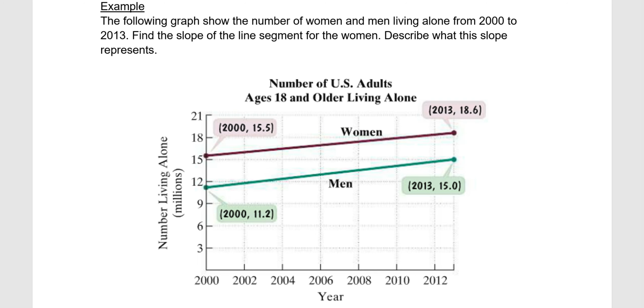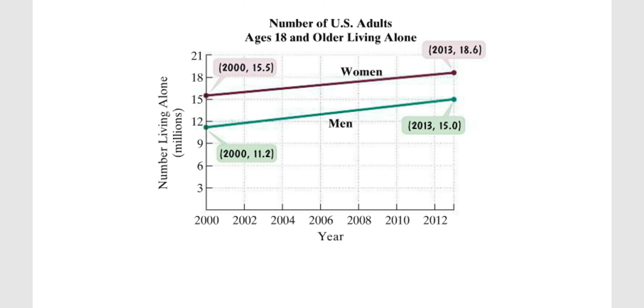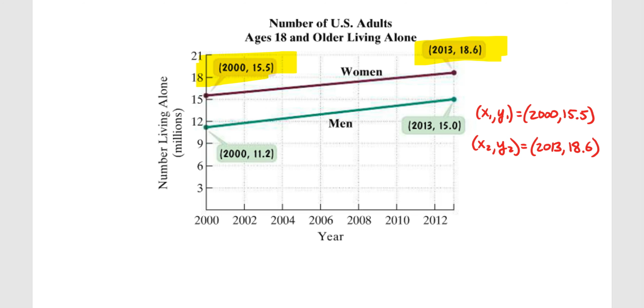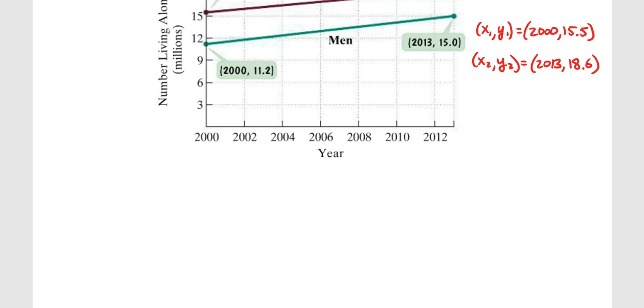To find the slope, we need 2 points, which are given to us right here and right here. So these 2 points are going to be our x1, y1 and our x2, y2. I'm going to say x1, y1 is the point (2000, 15.5), and x2, y2 is the point (2013, 18.6).